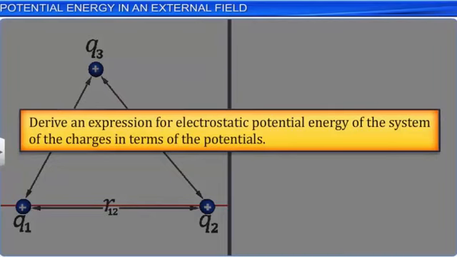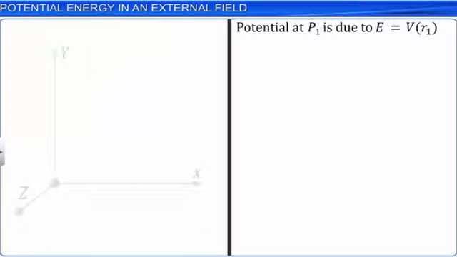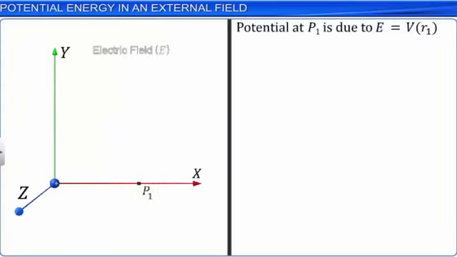Let V be the potential at a point P1 in the electric field E produced by a source charge. Here, R1 is the position vector of the point with respect to the origin. Let us consider a charge Q1 at infinity from point P1.